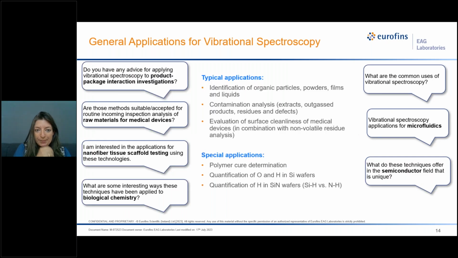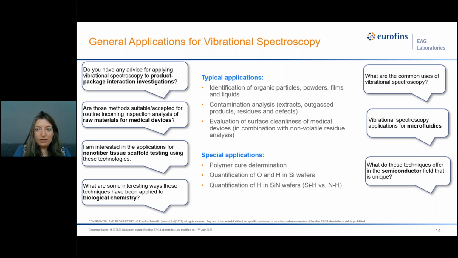Okay, and so I'll briefly talk about applications of vibrational spectroscopy. We received a lot of questions: is this going to work for package product interactions, to test medical device raw materials, for nanofiber tissue scaffolding? And the answer is yes. It will work for most organic molecules.